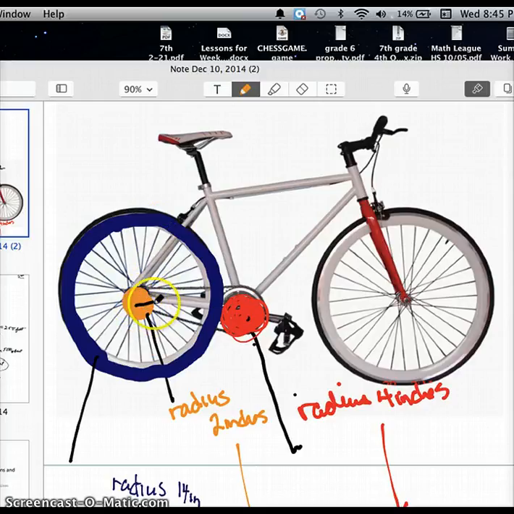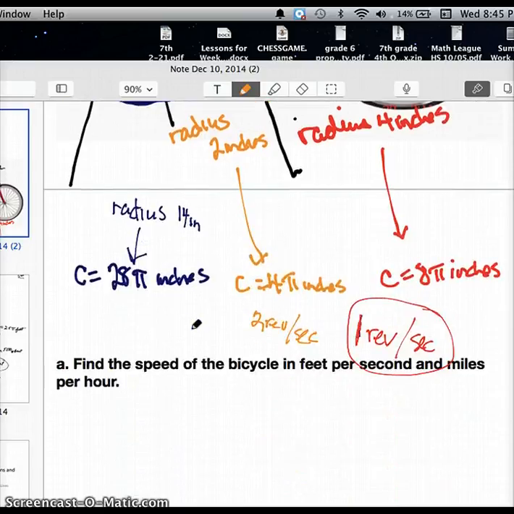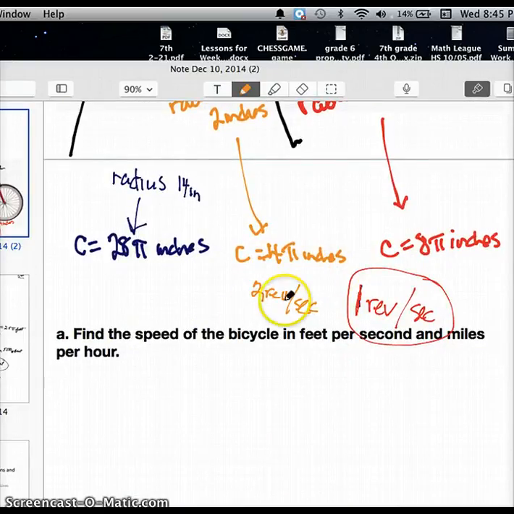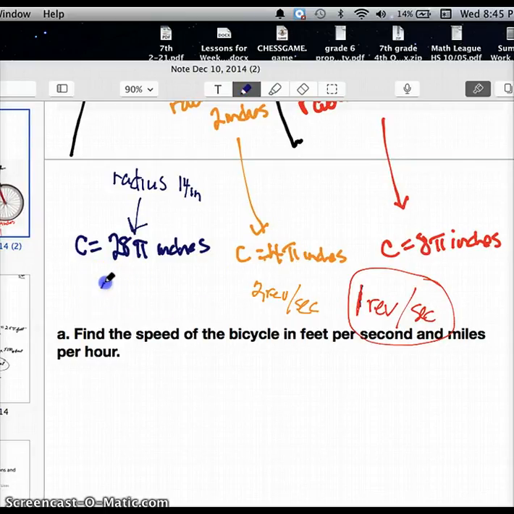However this one turns, the other turns. Does that make sense? I hope that makes sense. So since the sprocket is going 2 revolutions per second, the big blue tire is going 2 revolutions per second. That's just how a bike is made, in the relationship between the back sprocket and the bicycle tire.